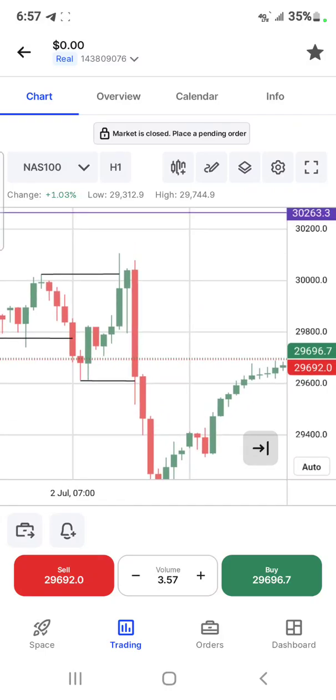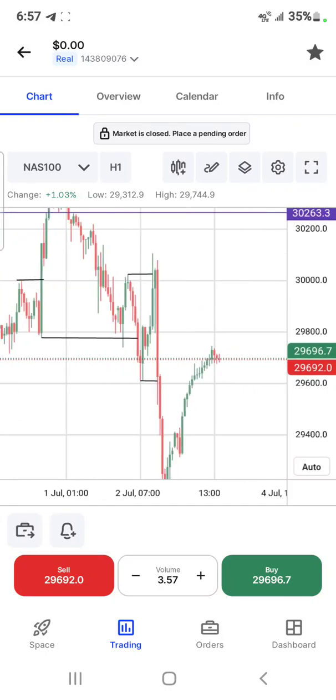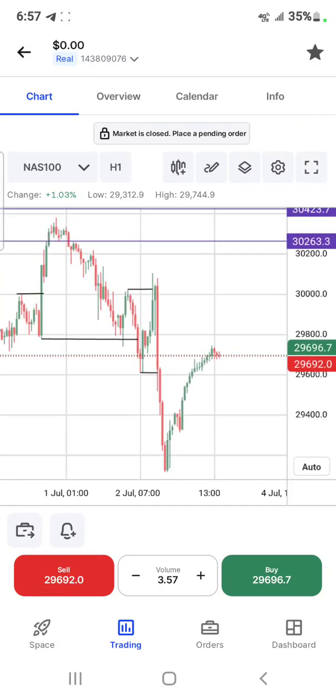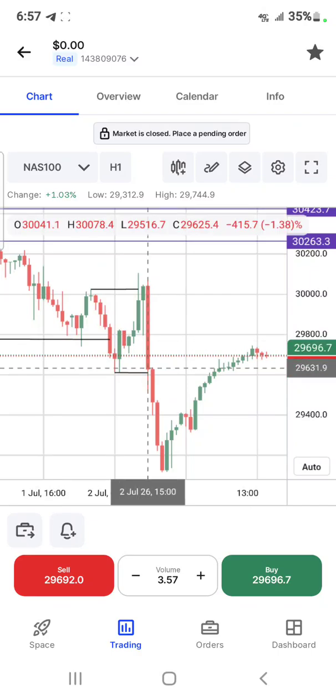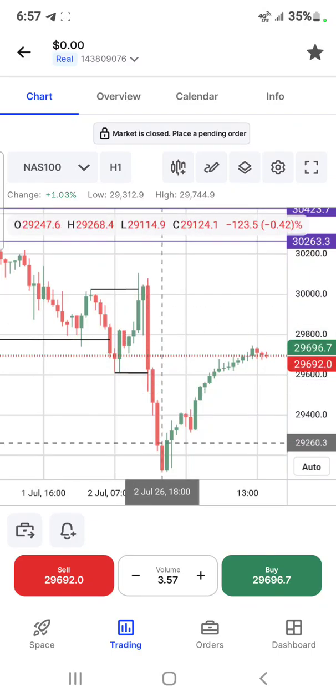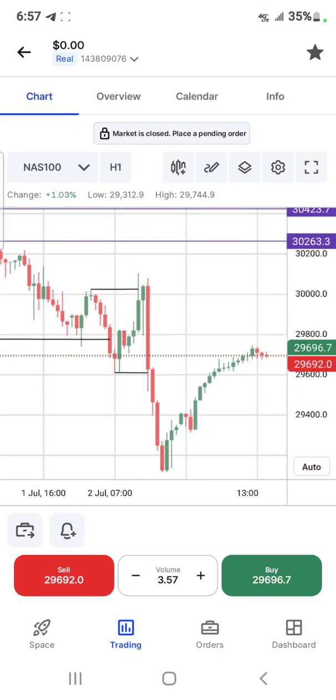Then as market broke another structure, you can see the force that market used to break the structure. You can see the force. We now had our FVG right here, which is a good entry model.